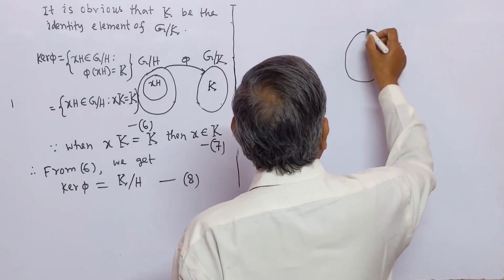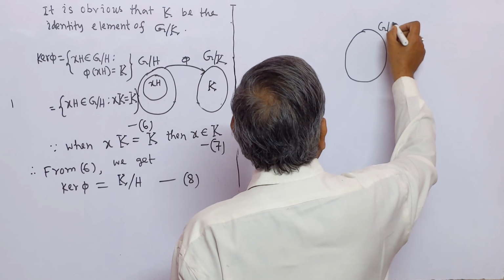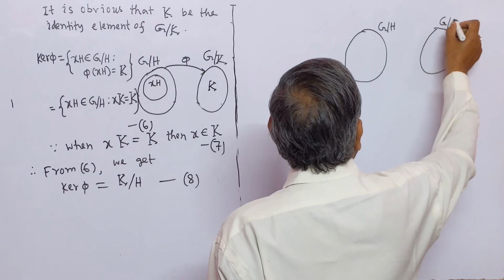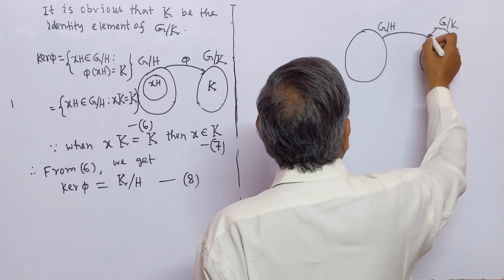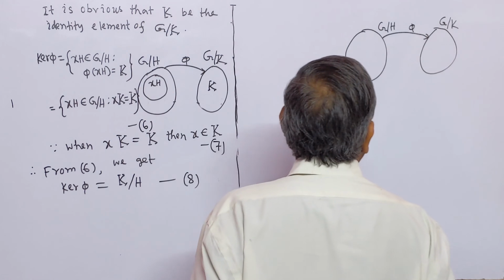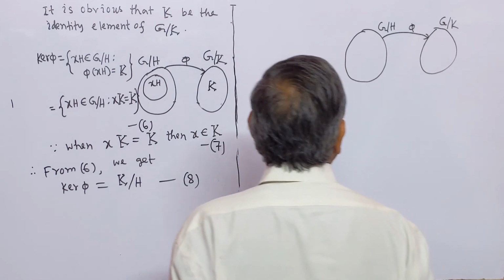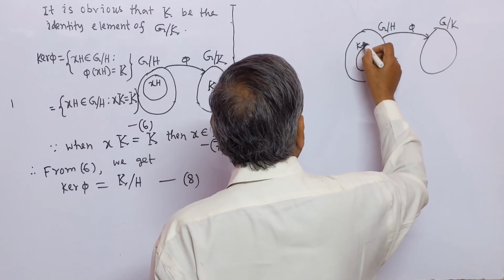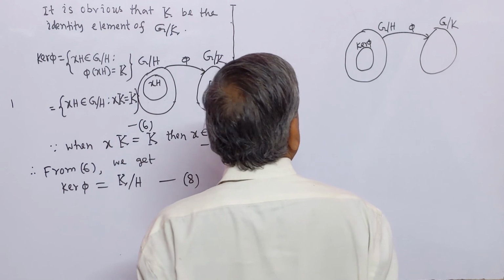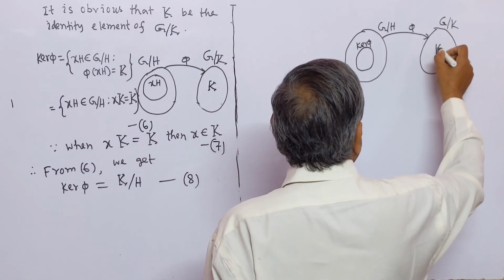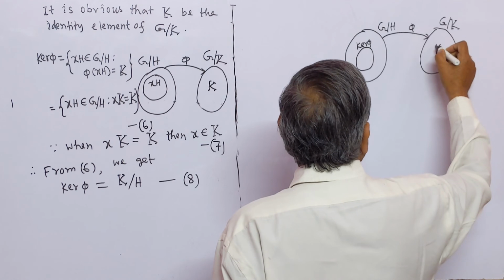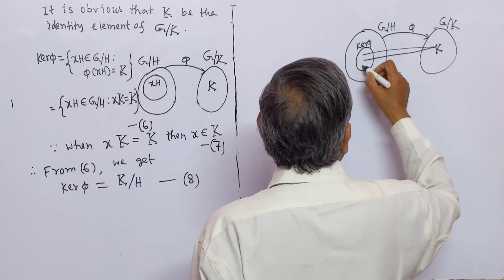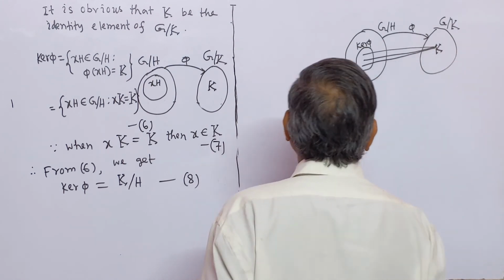Let this is G by H and this is G by K and phi be onto homomorphism. Here kernel of phi, here identity element K, the image of all elements of ker phi equal to K.